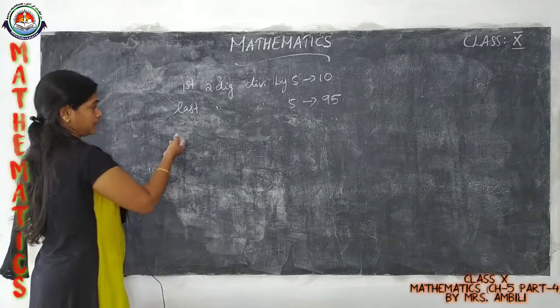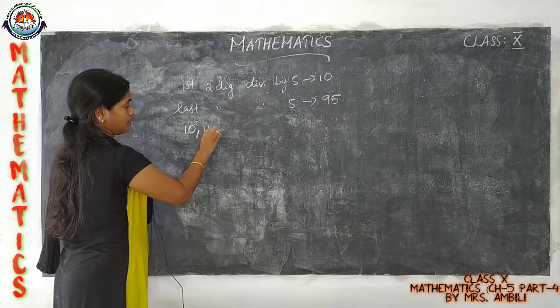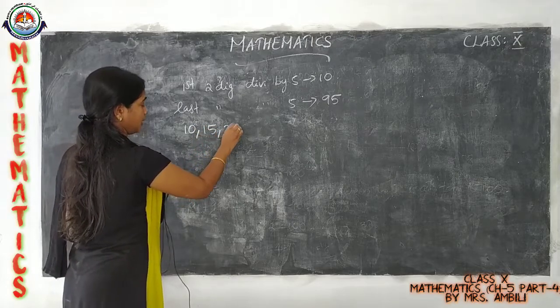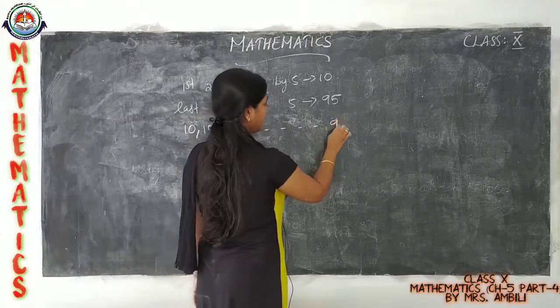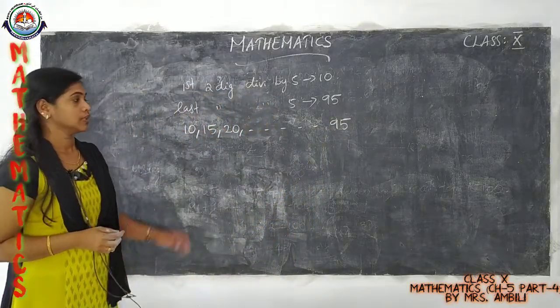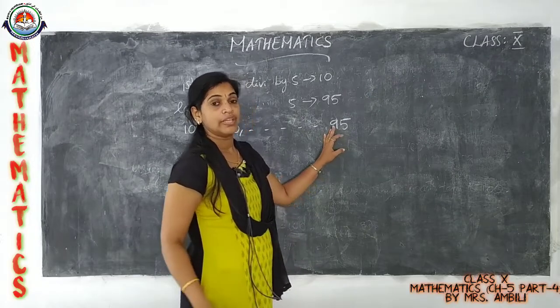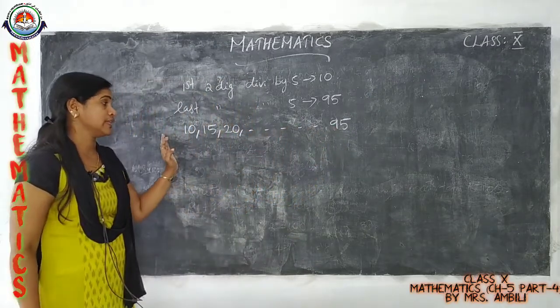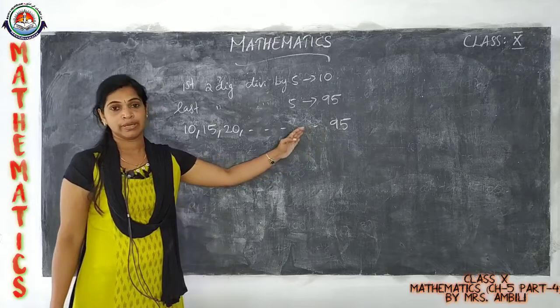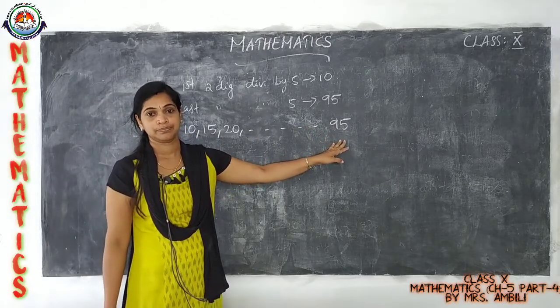How will our AP come? 10, next 2-digit number 15, 20, etc., 95. Okay, this is our AP. So we need to find out how many numbers are there divisible by 5, means how many numbers are there in the given AP.